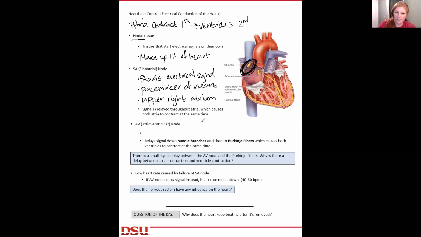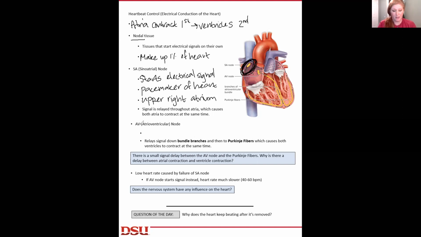Then we have the atrioventricular, or the AV node, not to be confused with the AV valves, okay? So the atrioventricular node, its job is to relay the signals down groups called bundle branches and then Purkinje fibers, which causes both ventricles to contract at the same time.